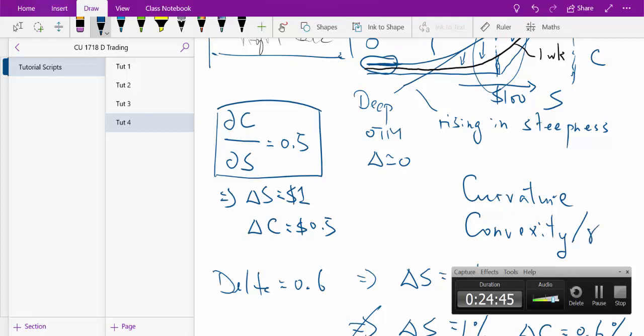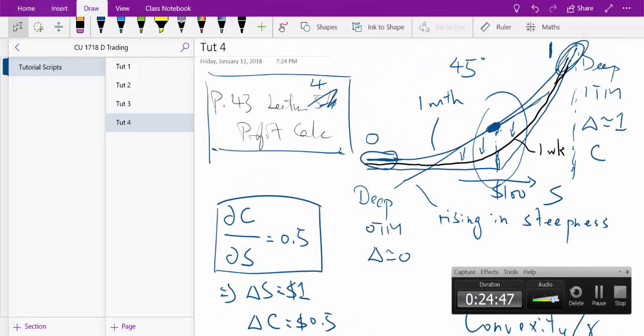If you look at that, convexity just means how bent a line is, and you can see the black line is far more curvy compared to the blue one. Okay, so it is not surprising that around here, the delta is rising a lot faster than the blue one.